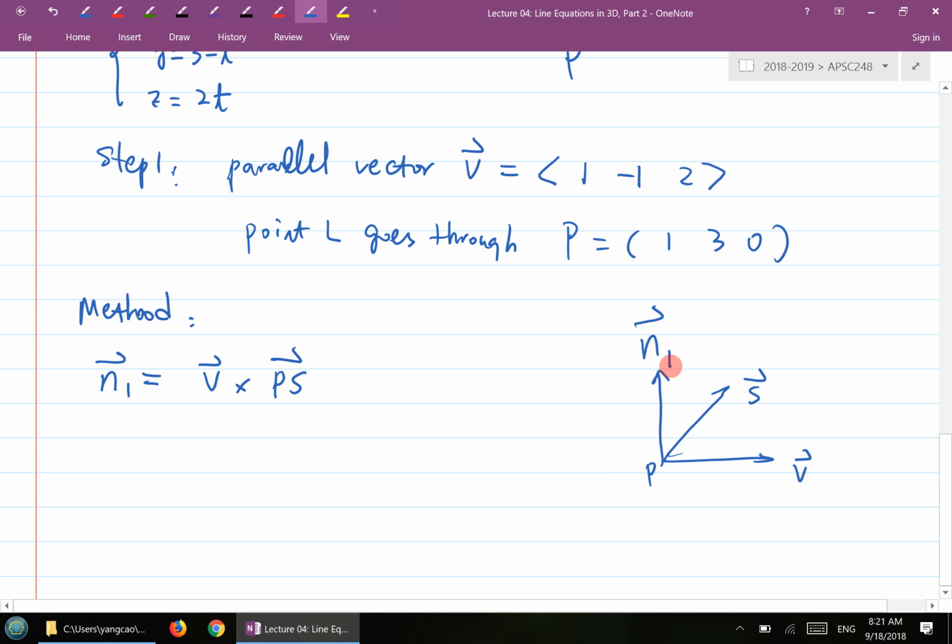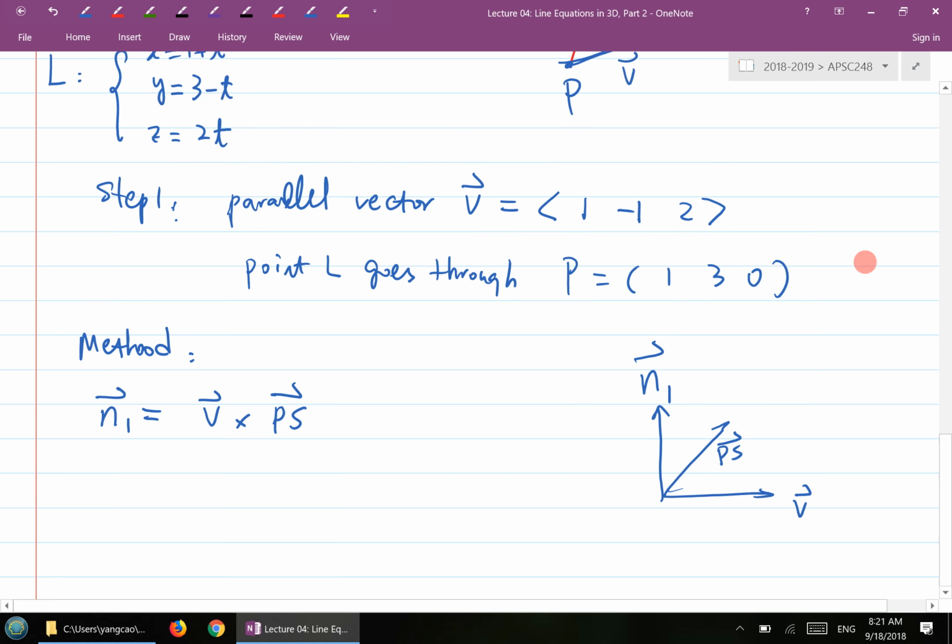So that's a vector you get, perpendicular to the V vector and also the PS vector. That's a cross product.